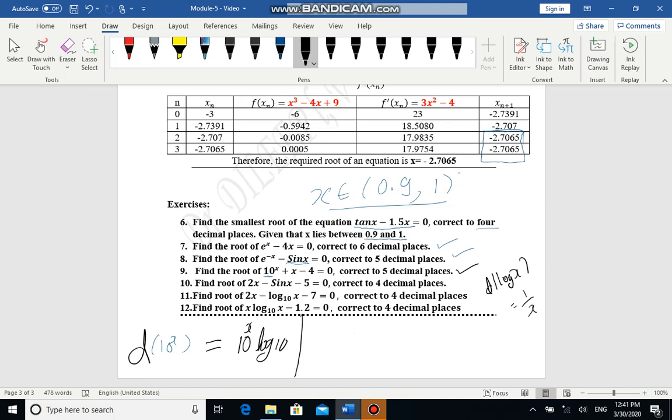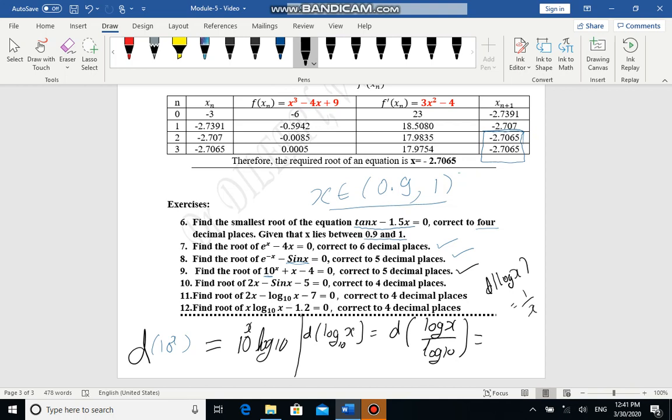But here, we have log x to the base 10, not log x to the base e. So to find the derivative of log x to the base 10, we need to convert this into natural log first. That is log x by log 10. After converting, we know the derivative of log x and we need to find the log 10 value.